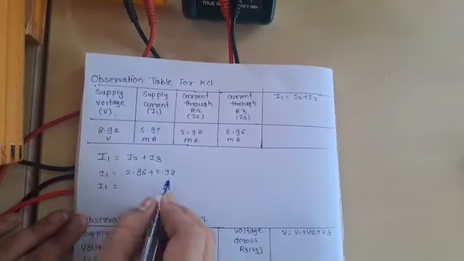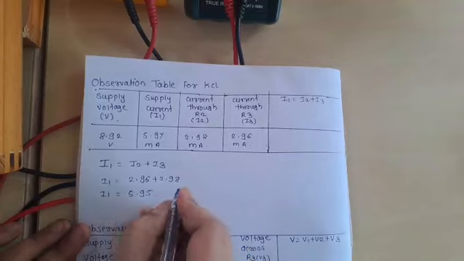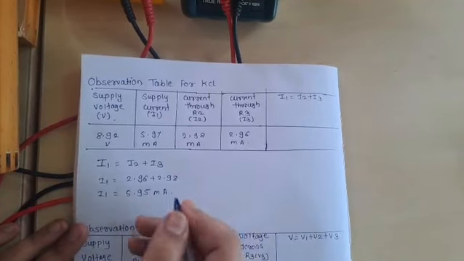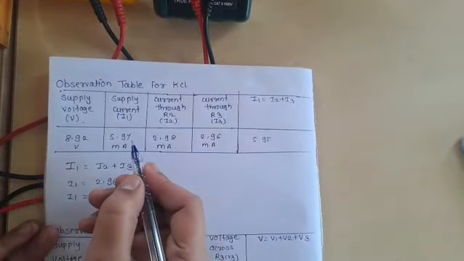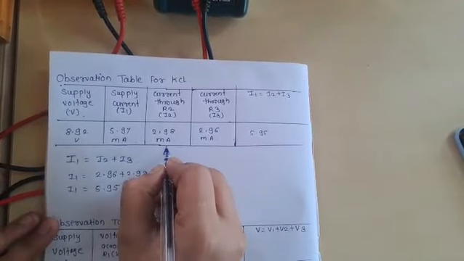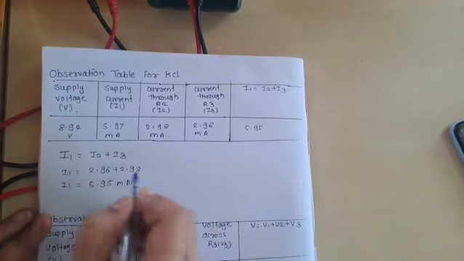So the addition of I2 and I3 is 5.95 milliampere. Here the supply current and the summation of the two outgoing currents are the same.